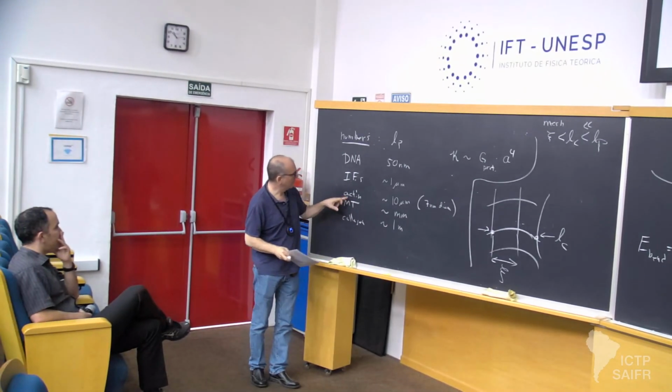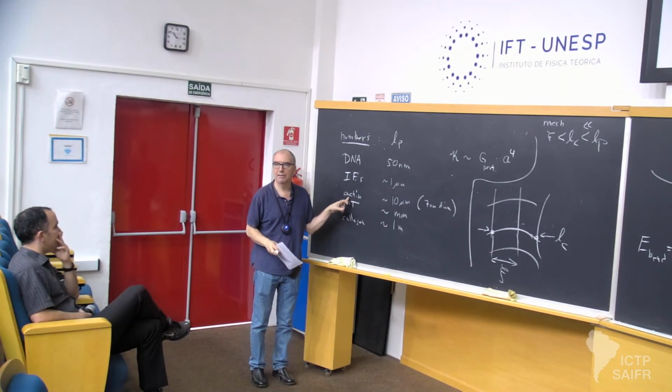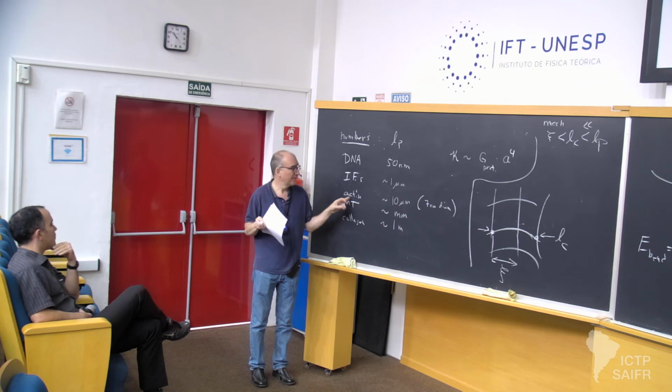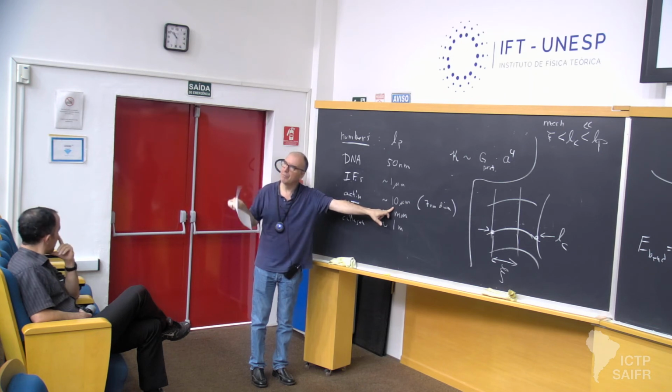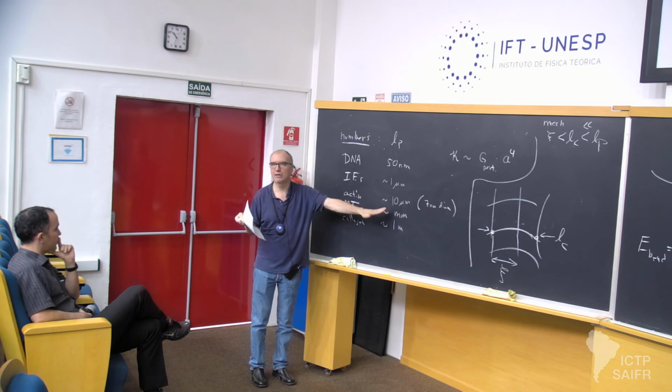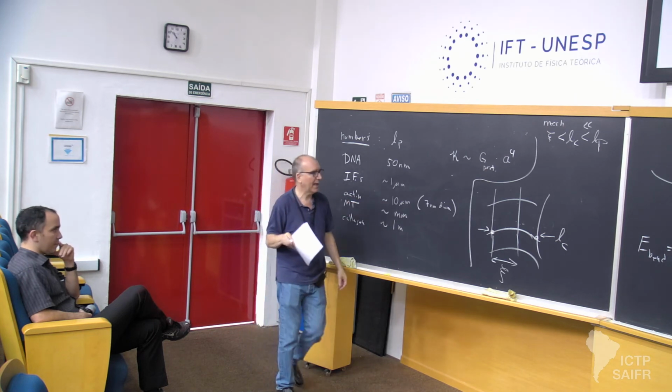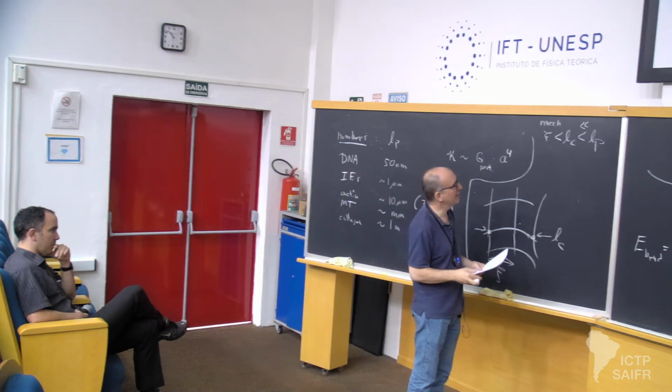The image I showed you of actin had a mesh size of about 100 nanometers or less. That's a good 2 orders of magnitude below this. And in that structure, depending on the formation of that network, it's easy to have at least an order of magnitude difference between the persistence length and the distance between cross-links.